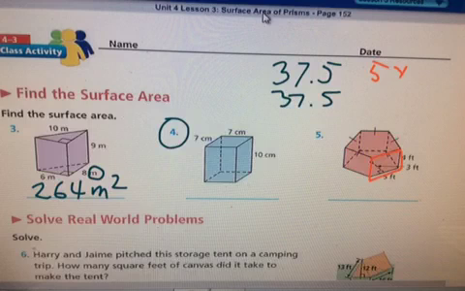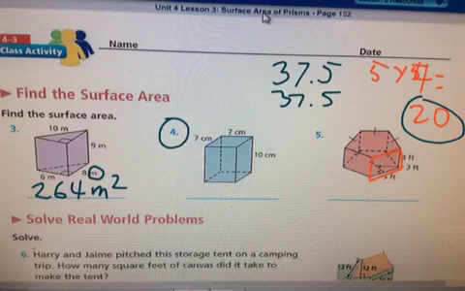So that's 5 times 4 equals 20. And how many sides is that? That's 1, 2, 3, 4, 5 20s, because each side is 20. So I can write 20 down here 5 times, or I can just say 20 times 5, because there's 5 sides, to get 100.